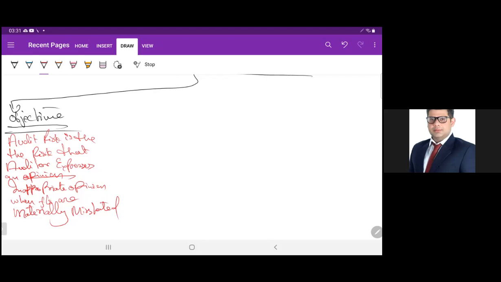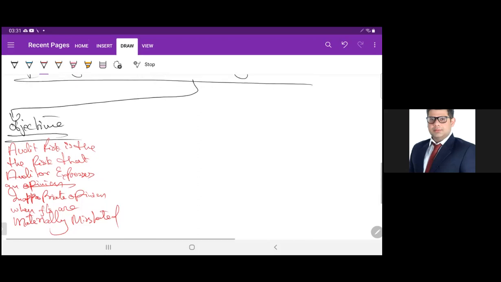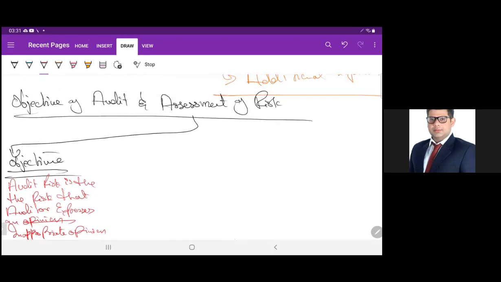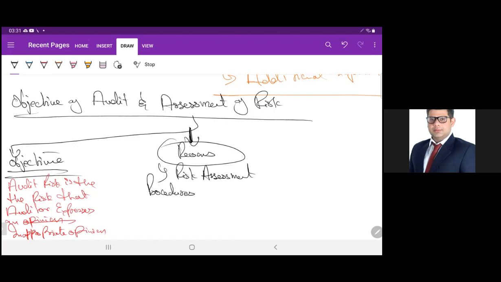So now the revised ISA 315 states the reasons. Now, what are the reasons why risk assessment procedures should be carried out?